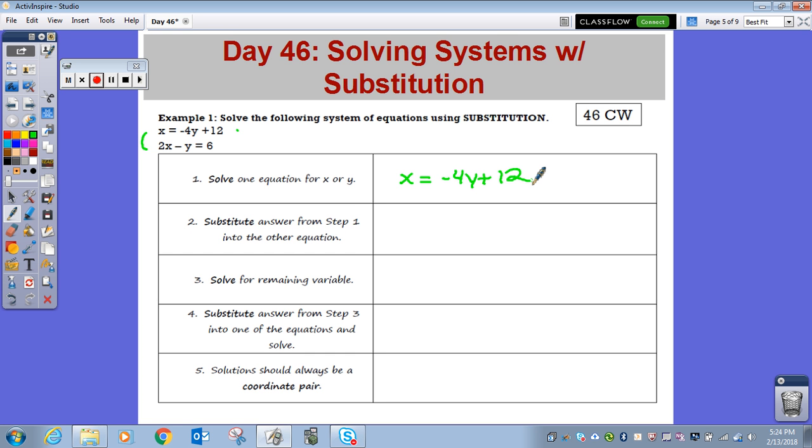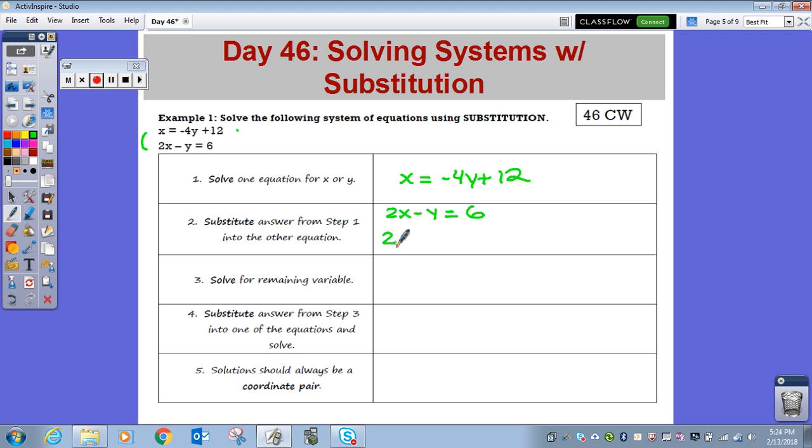Now we have step number 2. We're going to substitute the equation we just got in step 1 into our second equation. Here is our second equation, 2x minus y equals 6. We already know what x is, so we substitute it in.